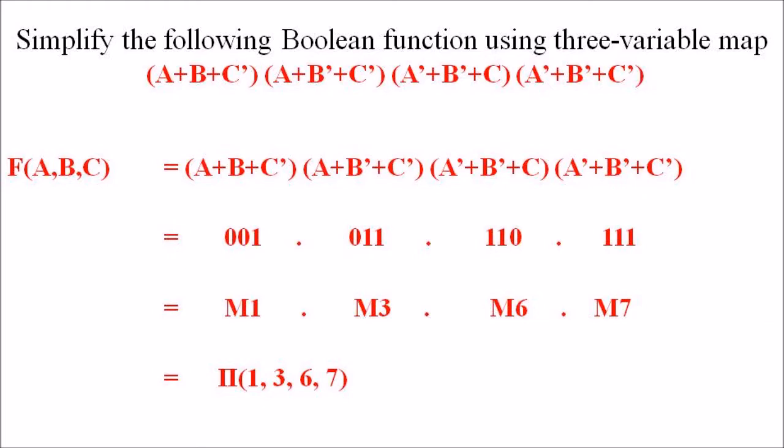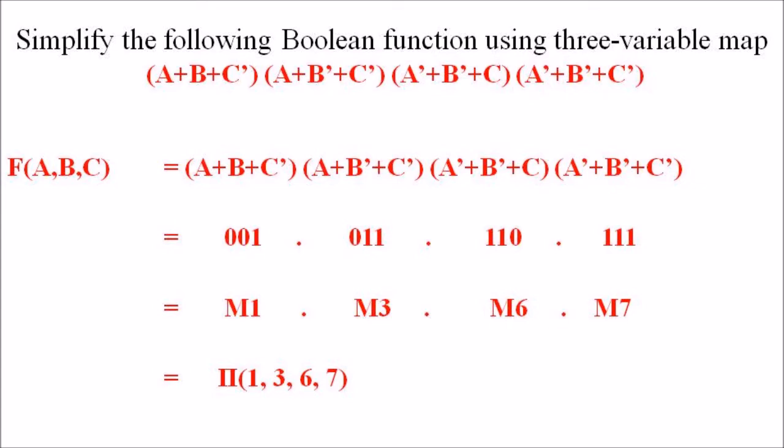So the max term 0, 0, 1 can be represented as M1, 0, 1, 1 as M3, 1, 1, 0 as M6 and 1, 1, 1 as M7. The final representation of the function in max terms is M1 · M3 · M6 · M7, which is equivalent to Pi of 1, 3, 6, 7. That is, the given function can be represented as Pi of 1, 3, 6, 7.